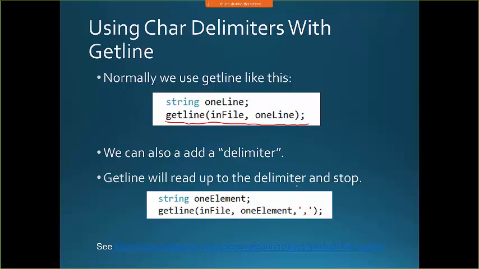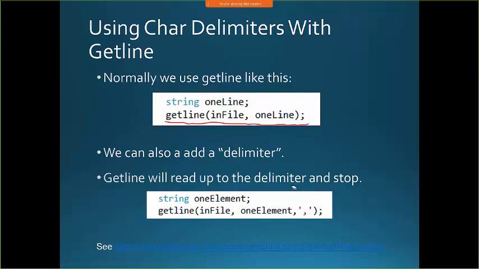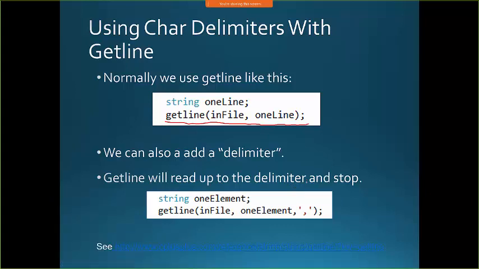What makes this a delimited getline is this extra argument here, this parameter at the very end. And what you pass in here is a char. How do I know that's a char?